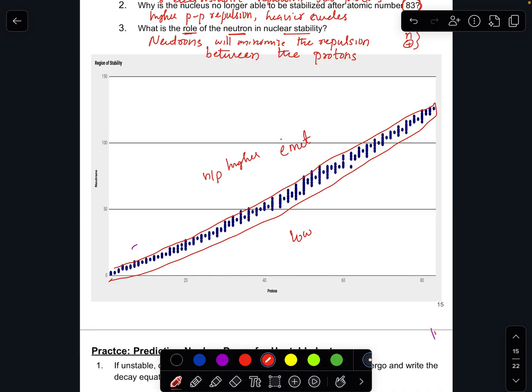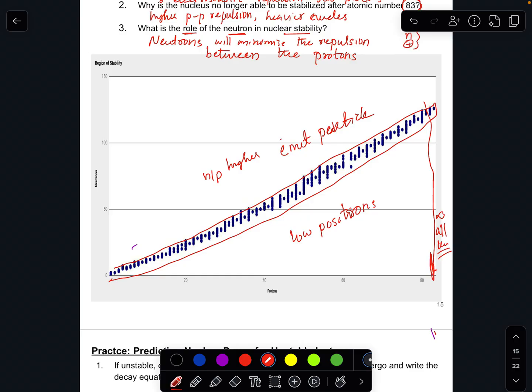This side it will emit a beta particle, and this side it will emit positrons to keep the ratio in that band. Elements above 83 emit alpha particles, or I will say all kinds of radiation, to reach a stable ratio.